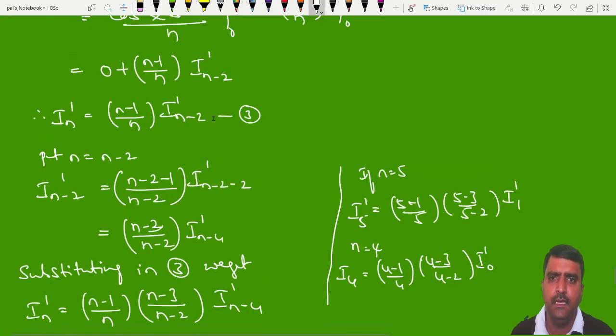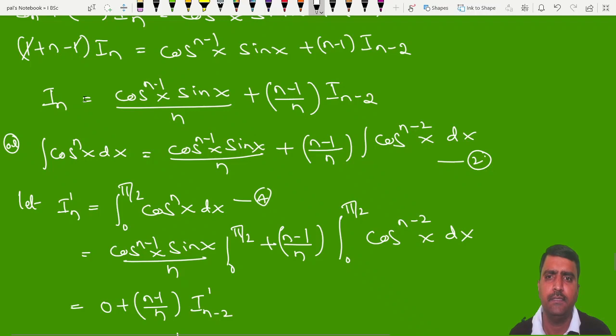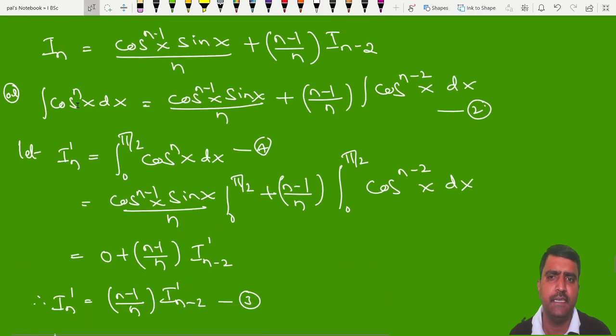So the final value, you should remember: the integration of cos to the power n x dx is cos to the power n minus 1 x into sin x by n plus n minus 1 by n into the integration of cos to the power n minus 2 x dx.